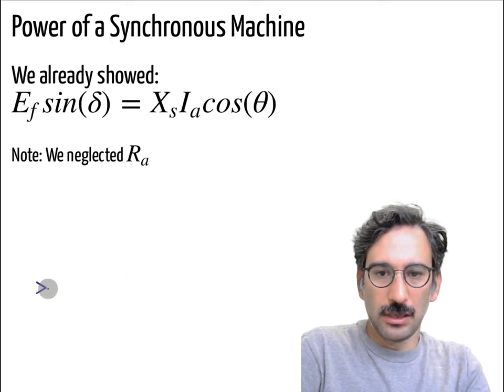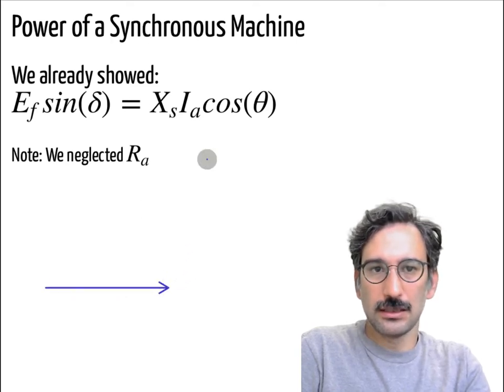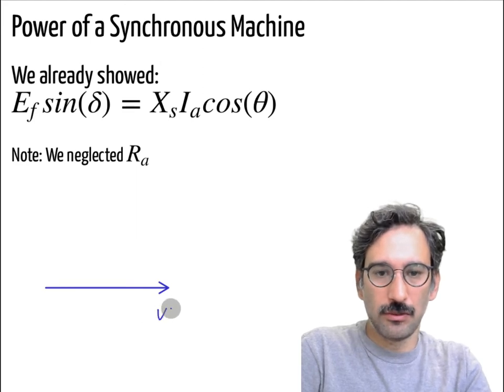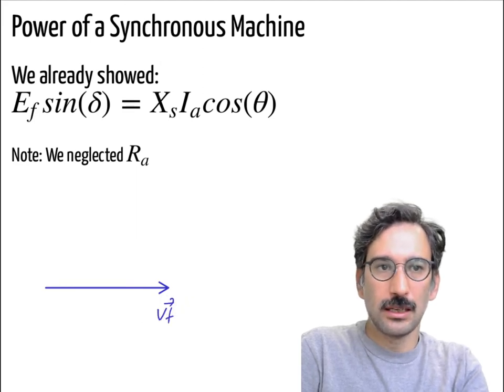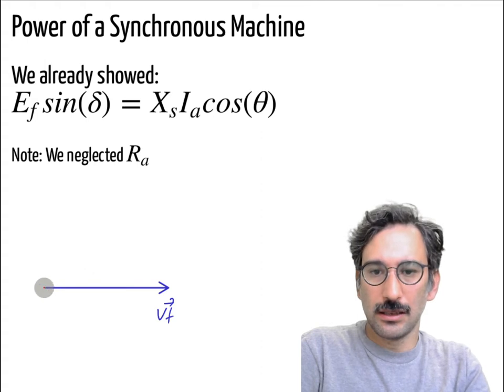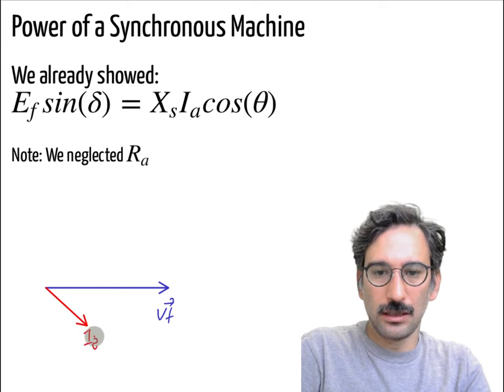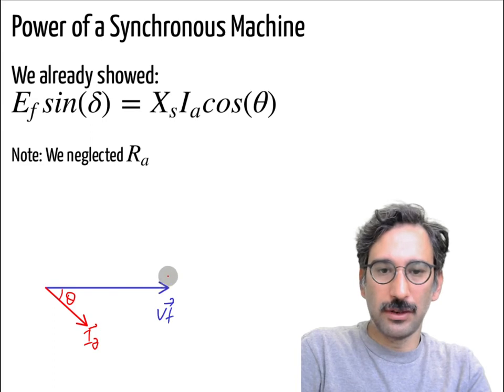Let me draw this as our VT. Let's say you have a lagging power factor, so this is the IA vector, and this is our power factor angle.